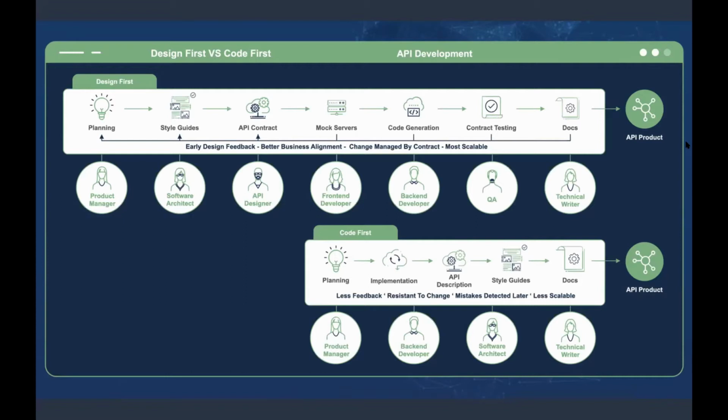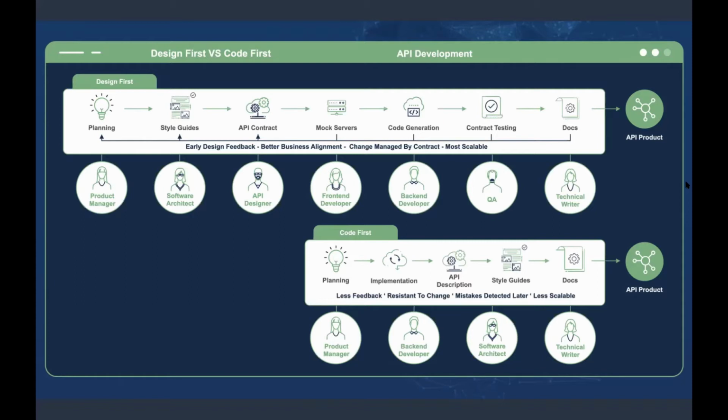So what they can do with the mock server is simulate what the API will do, start building out the front end. They can gather feedback about their job. They might tell the designer, we need additional fields in this response, and maybe we need another parameter for this endpoint, and give you early feedback such that by the point that you're ready to actually build the backend, it's been vetted by these different stakeholders.